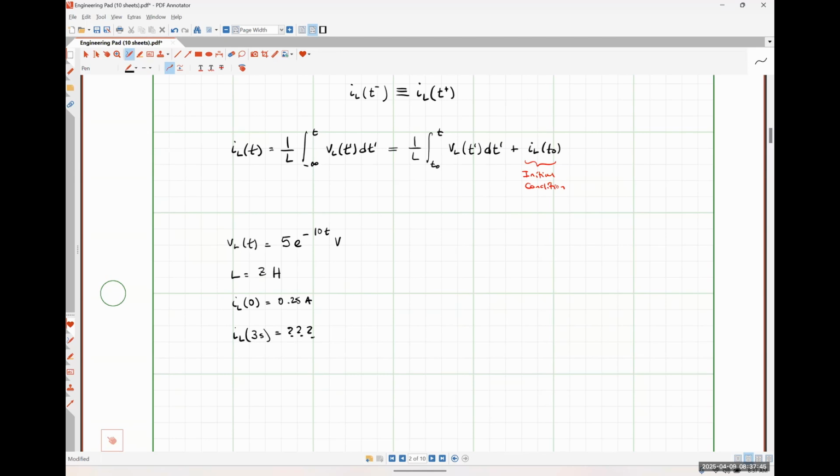So I'm just going to use this equation. I just want to show you effectively how to use it, right? So we would say that I_L of 3 seconds is going to be equal to 1 over 3 henries times the integral. At what point in time is my inductor current a known quantity? 0. So that's going to be my lower limit for my integration.